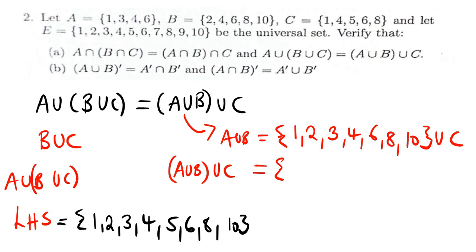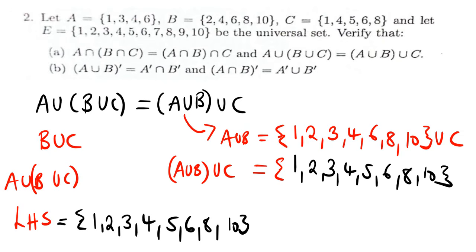C has 1, 4, 5, 6, 8. So we're just including 5 in this set that we have. So in this case, we're going to have 1, 2, 3, 4, 5, 6, 8, and 10. Basically that.